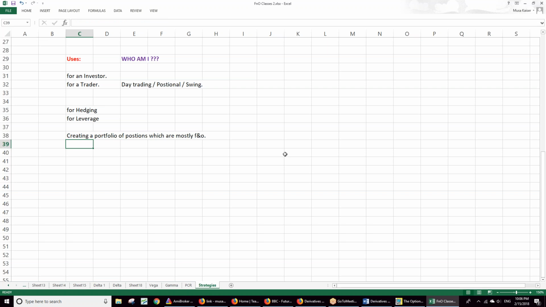Why not a portfolio of futures and options, which you're holding in your trading account? I was going to say demat account, but that's wrong. In your trading account for many days or weeks, and how would that be?